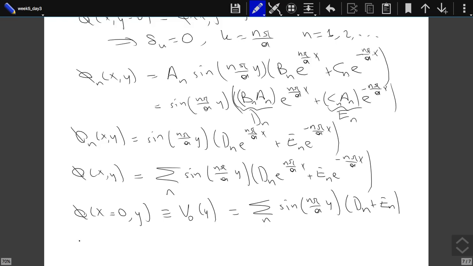But that is from the other boundary condition. When x is equal to b, remember I had this rectangular prism, y is equal to 0 was v0, and then x is equal to 0 was the potential v0, and x is equal to b was the potential v1.